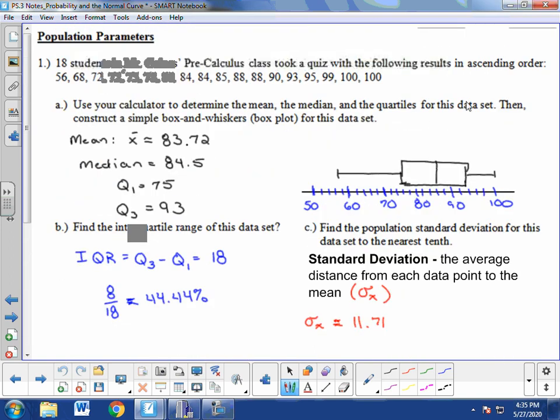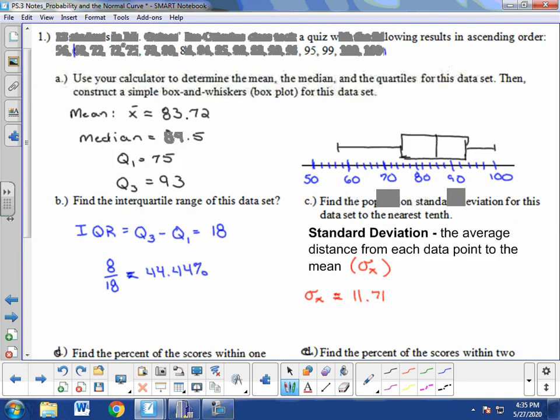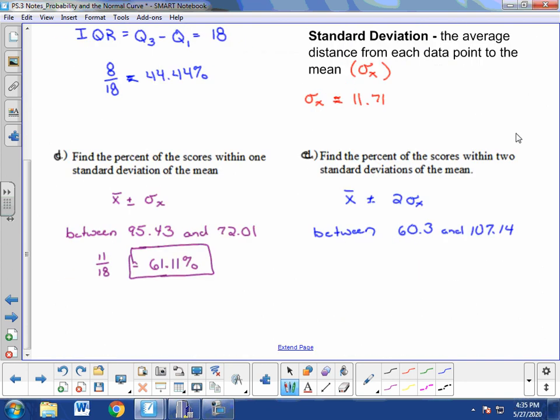So 107.14 would get everything above the mean. 60.3 would get everything but one score at 56. So 17 out of 18. And if we typed that into the calculator, we would come up with approximately 94.44% of these scores are within two standard deviations of the mean.